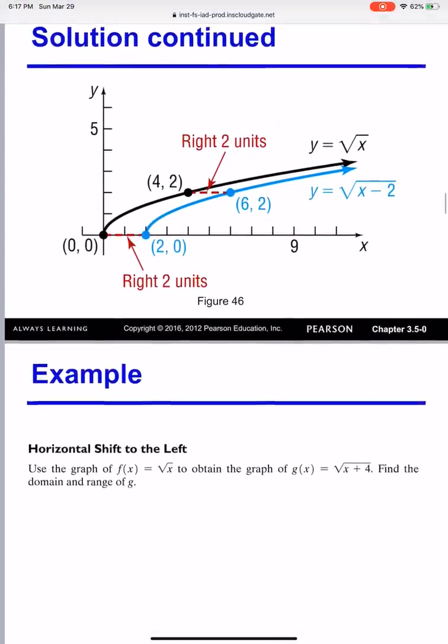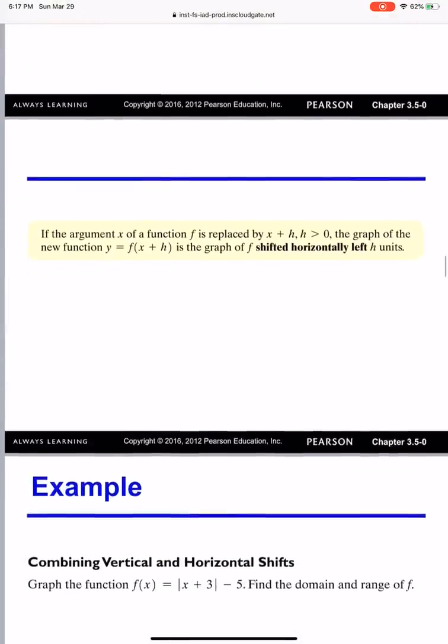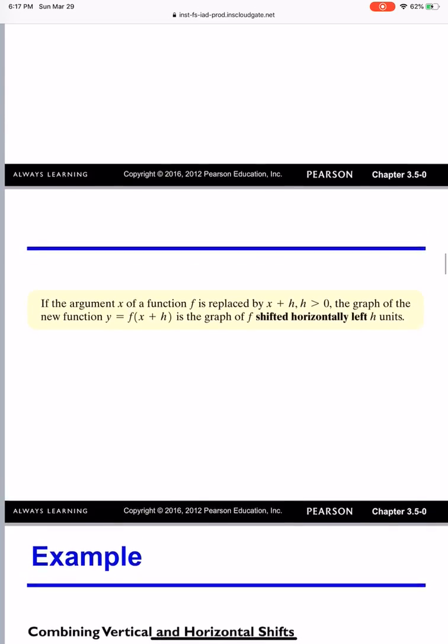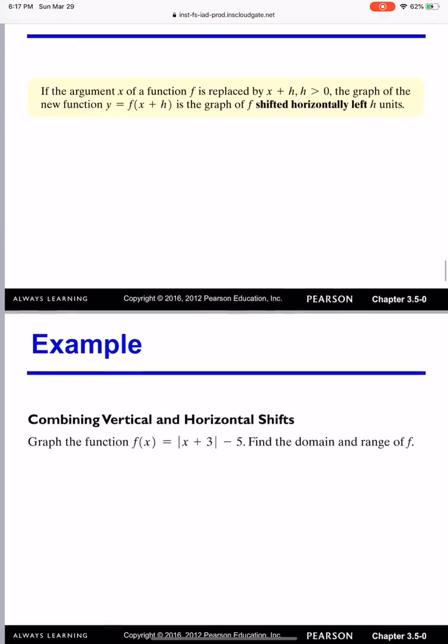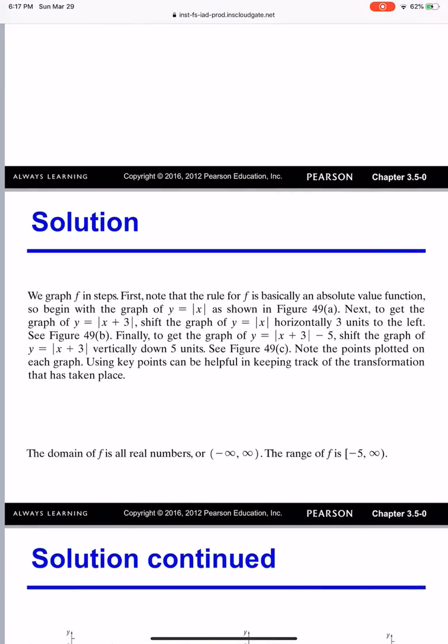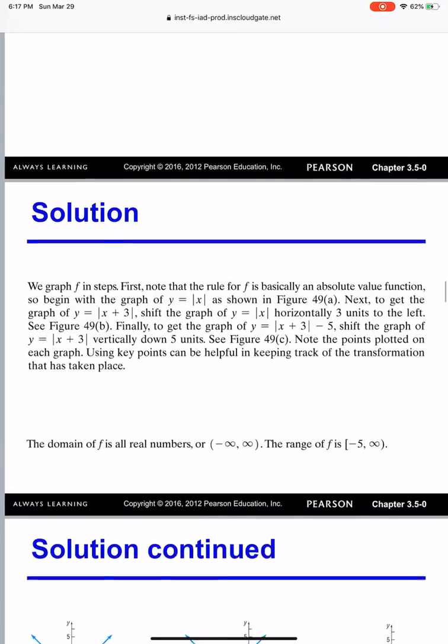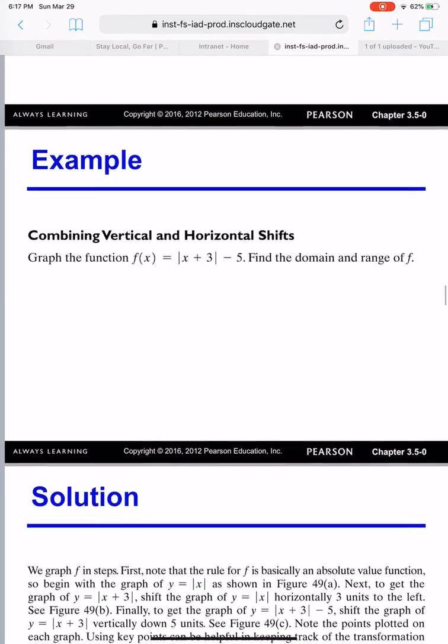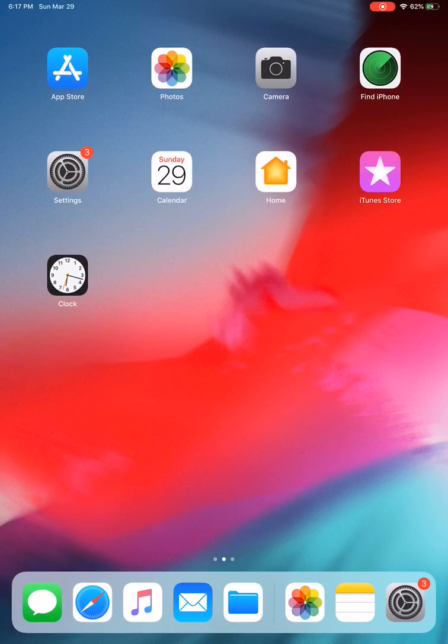Okay, we did this. Okay, right here. Combine vertical and horizontal shift, and this is our function. F of x is equal absolute value of x plus 3 minus 5.